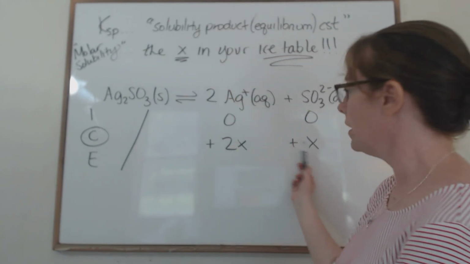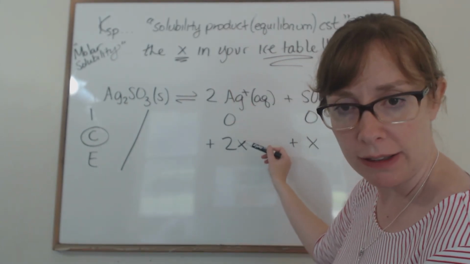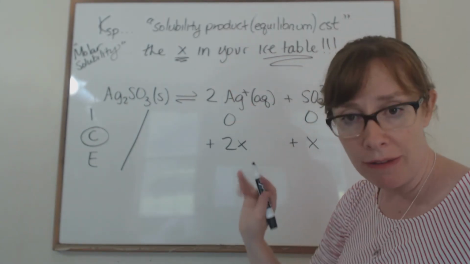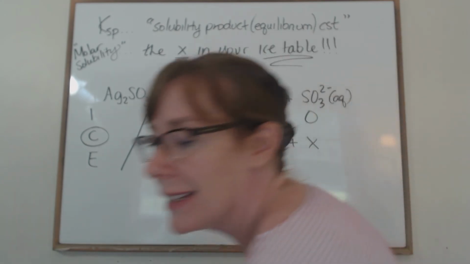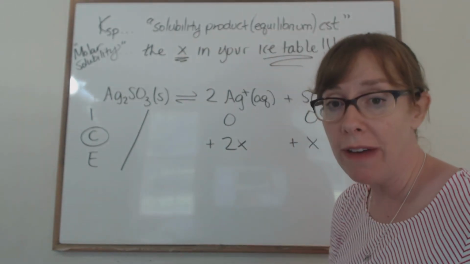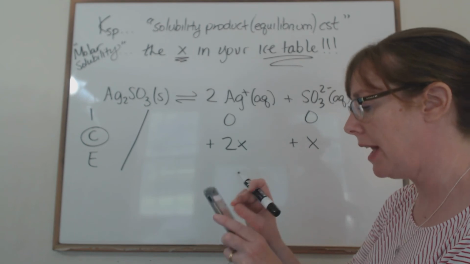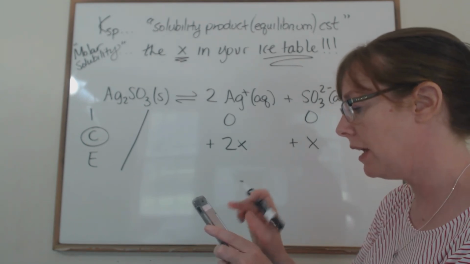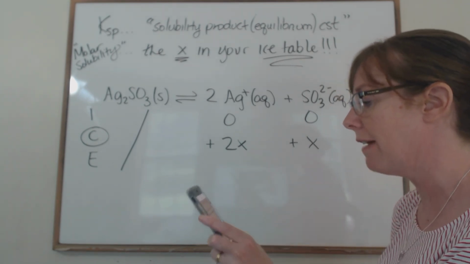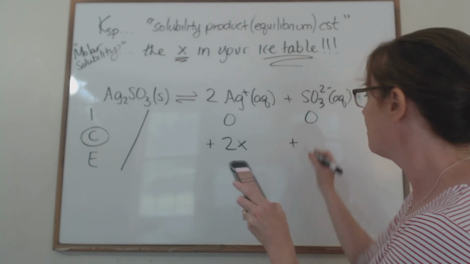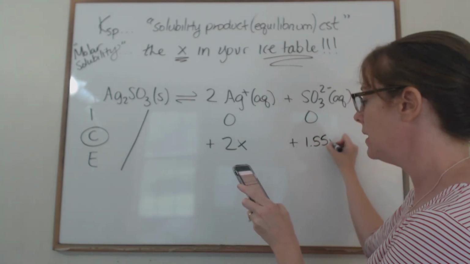So if there's a 2, you would add 2x, right? However, we're not going to leave those x's in there because we know the value of x. It's the molar solubility, and that was given to us in the question. It's 1.55 times 10 to the negative 5th.